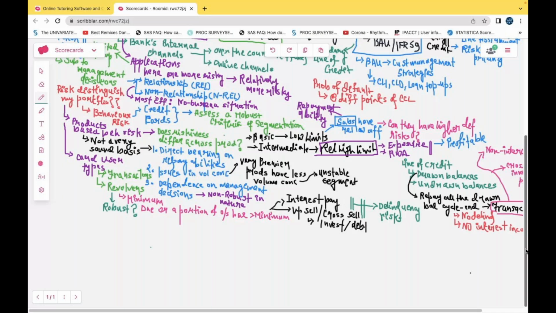If the management decides to ram down a certain kind of product, then the existence of the scorecard would come into question.